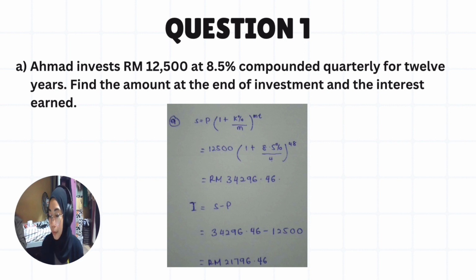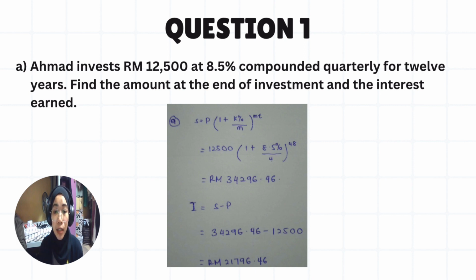To find the amount at the end of the investment, we use the formula S equals P in bracket 1 plus k% over m, power of nt. 12,500 ringgit in bracket 1 plus 8.5% over 4, power of 48.